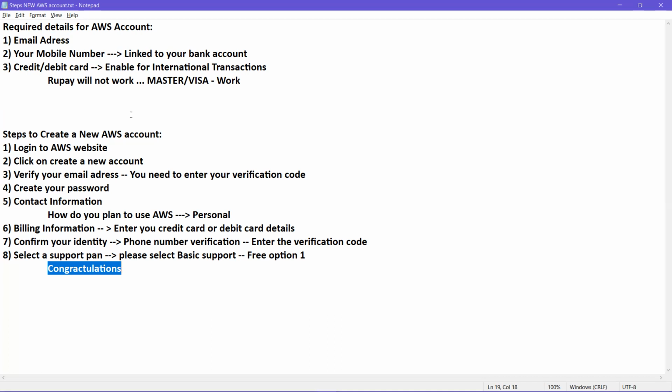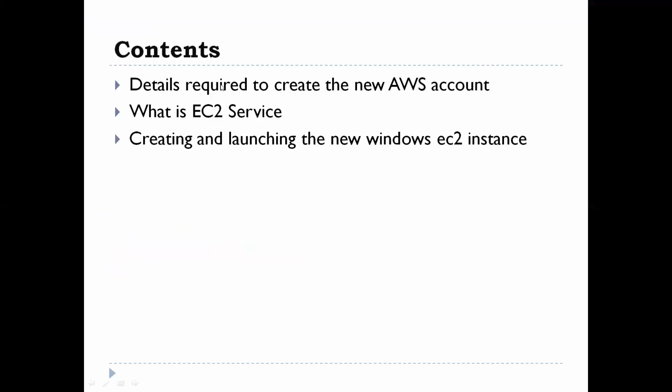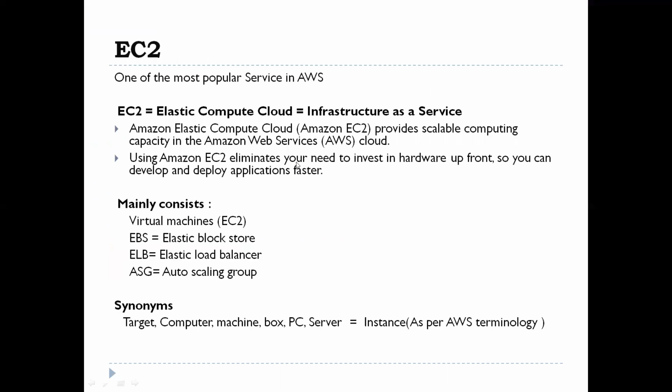Now, our second agenda is what is the EC2 service. We'll see how to create and launch a new EC2 instance in AWS. What is EC2? It is one of the most popular services in AWS, and EC2 stands for Elastic Compute Cloud.